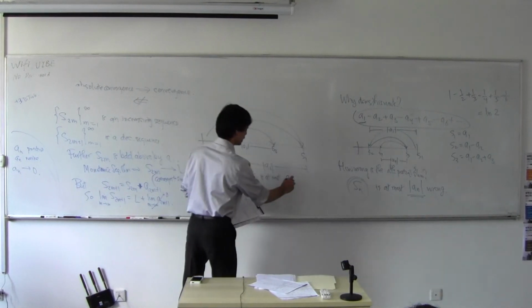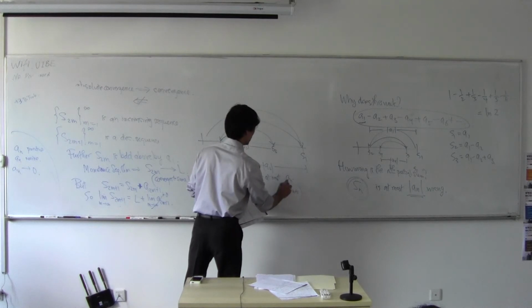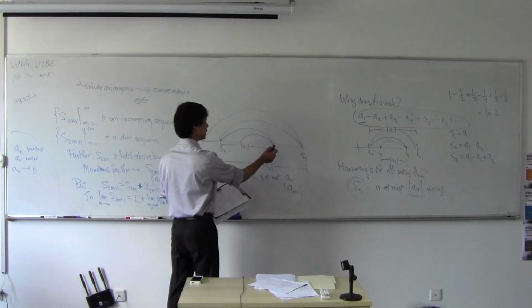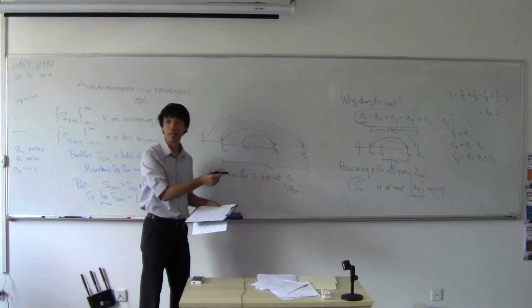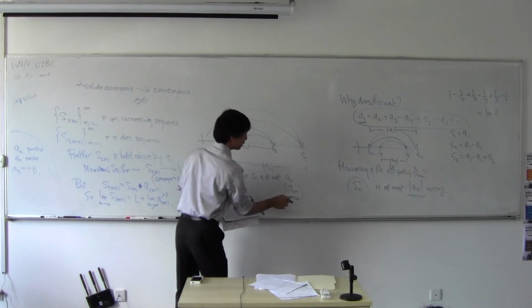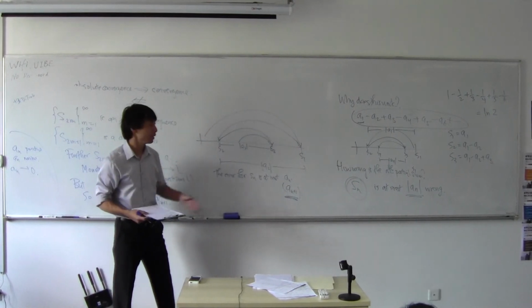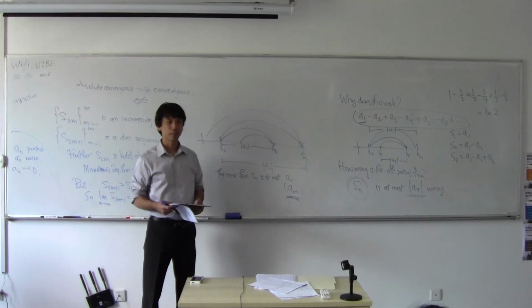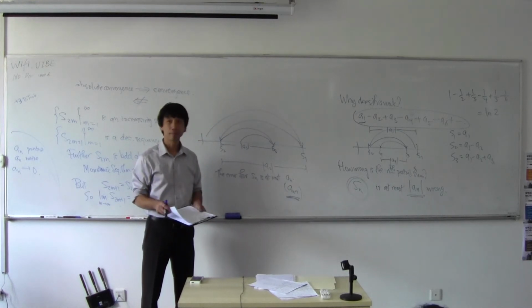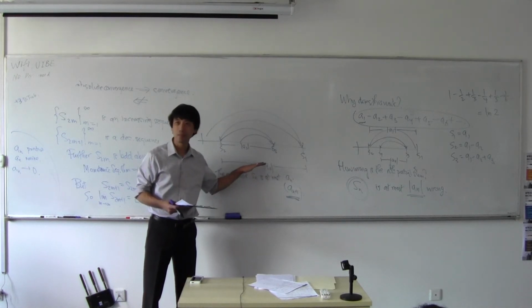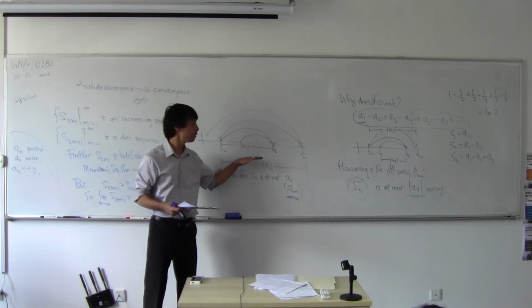In fact, you could say even A sub n plus 1, because you know that it's between you and the next guy. So it's maybe better to say A sub n plus 1. Anyway, if you get the idea with A sub n, that's fine. Does that make sense? Anyone confused by that?